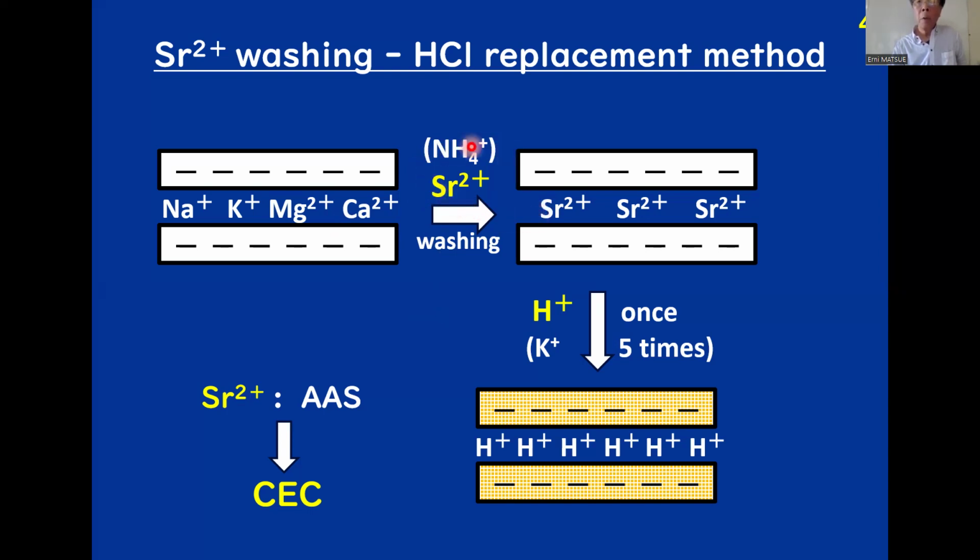My method uses strontium as the saturation or index cation. After that, the strontium is replaced by proton. Usually, the replacement of ammonium ion is done by potassium ion 5 times. In my method, strontium is replaced by proton and released to the solution.